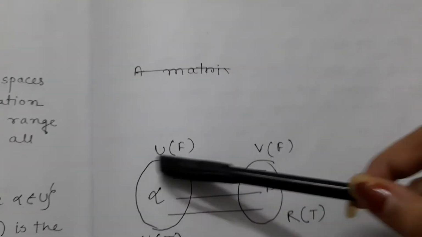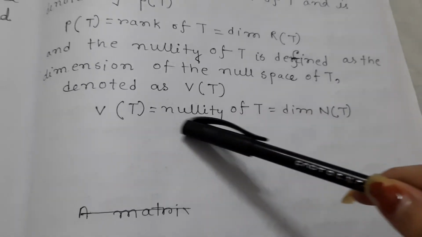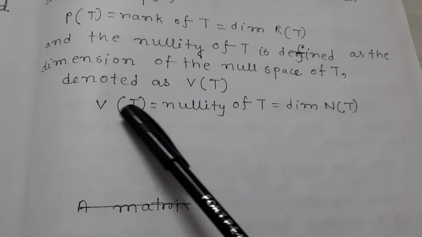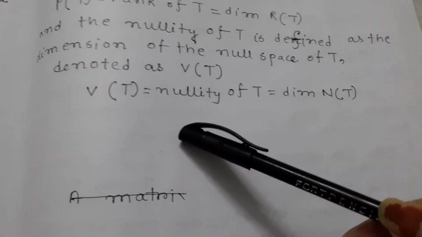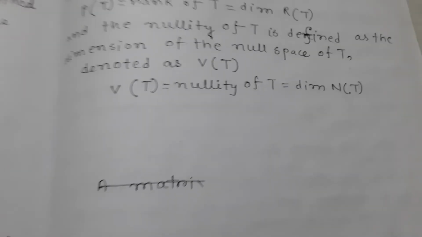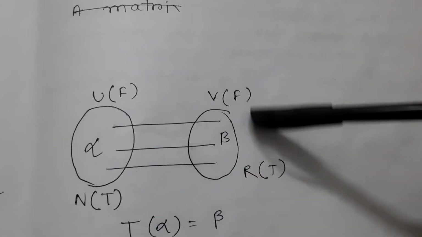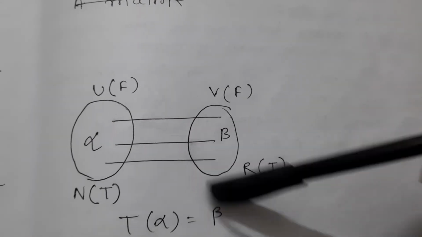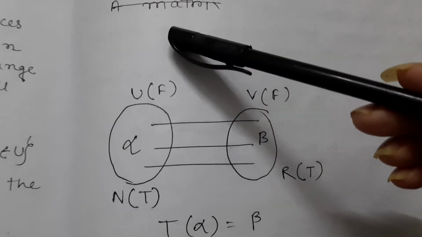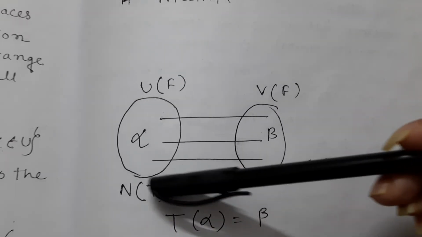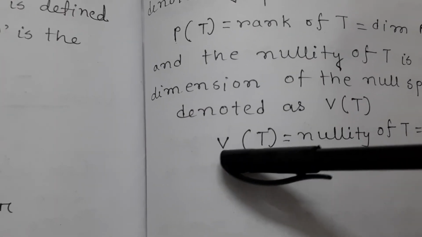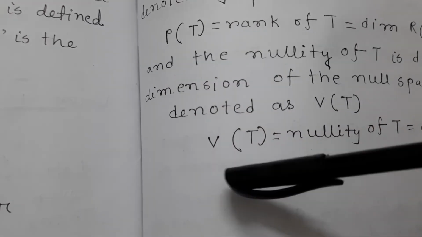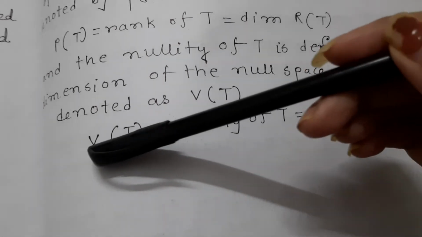So the nullity of T, denoted by nu of T, equals the dimension of N(T). So the dimension of the range space R(T) is called the rank, and the dimension of N(T), the null space, is called the nullity. Rank is denoted by rho of T and nullity is denoted by nu of T.